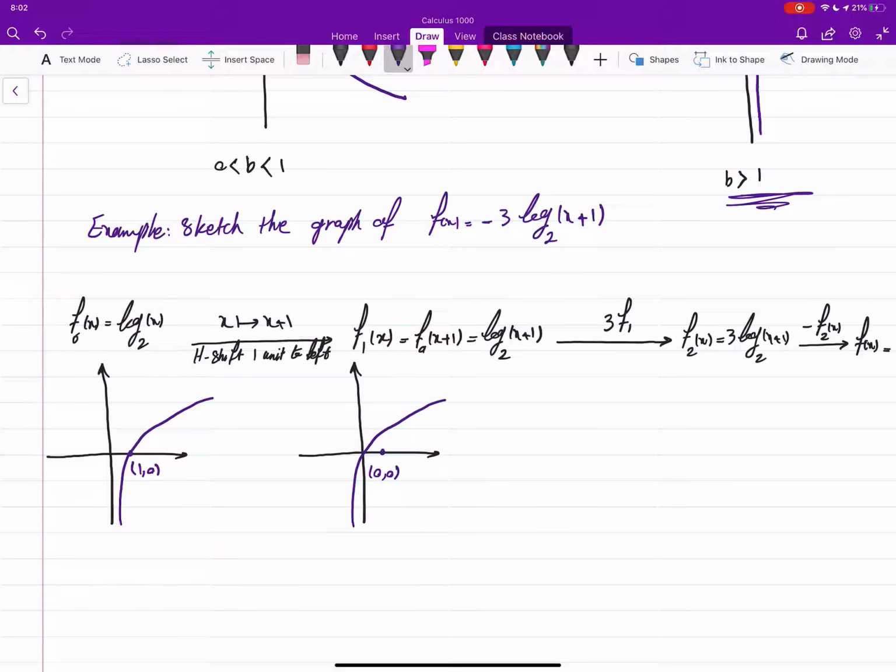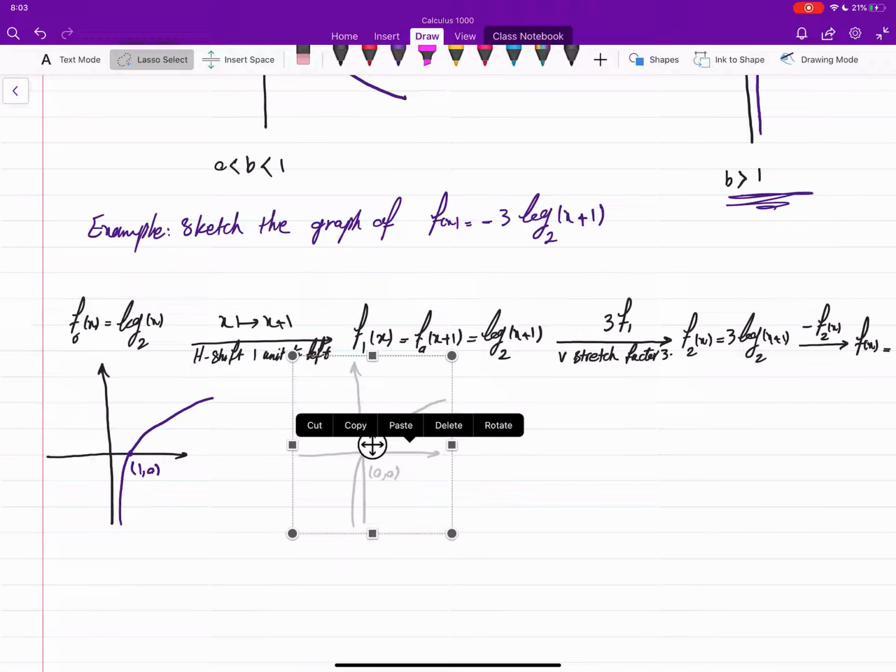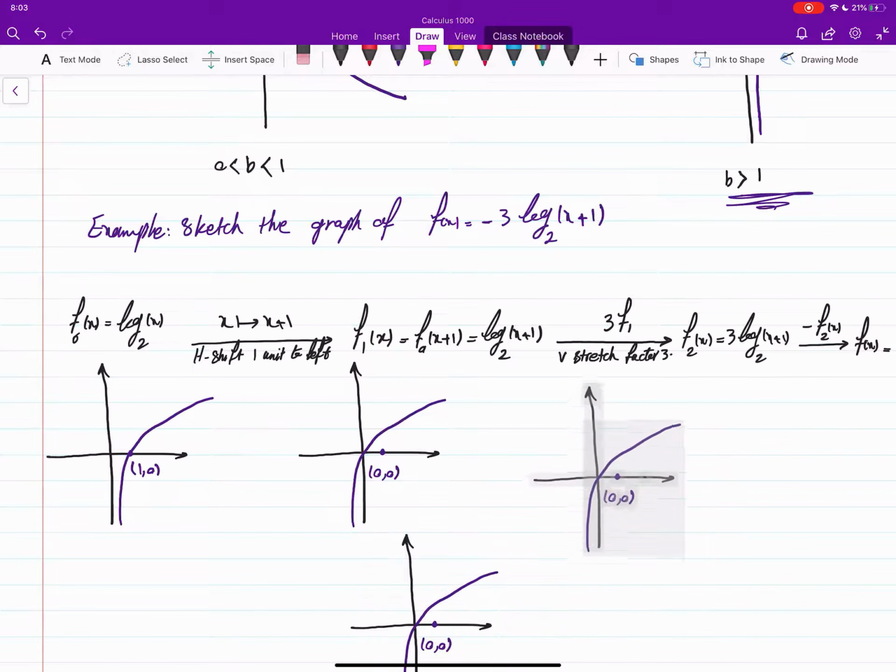The second step is that we multiply the function by 3 here. This means that we have a vertical stretch by a factor of 3. So let me choose this one again and copy, then paste here.